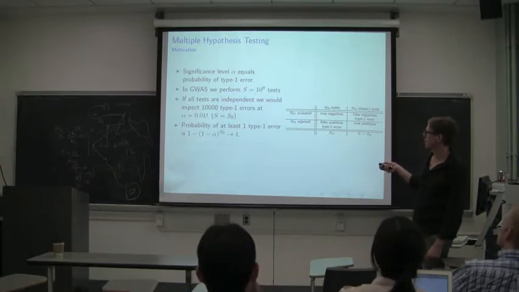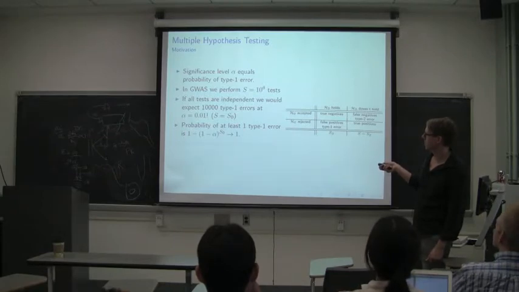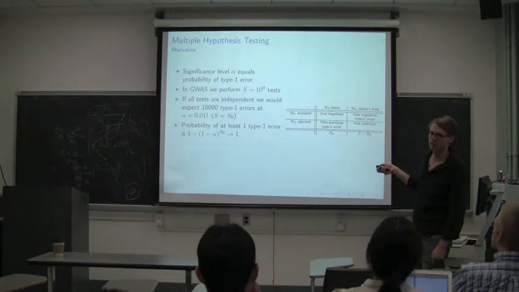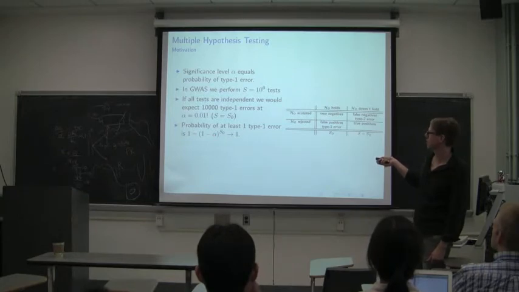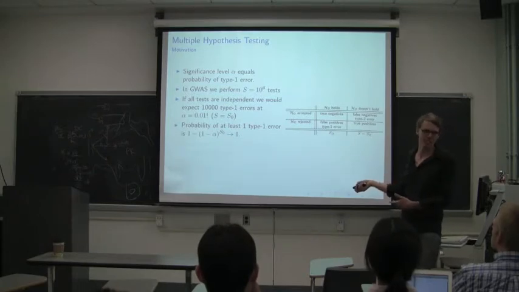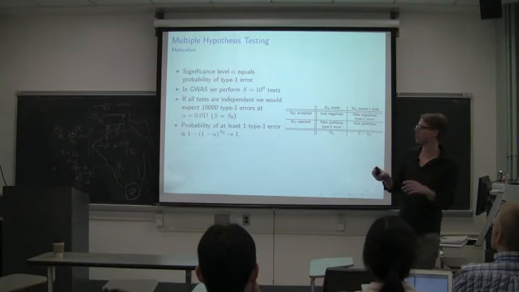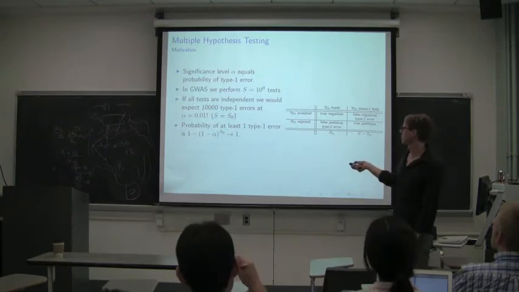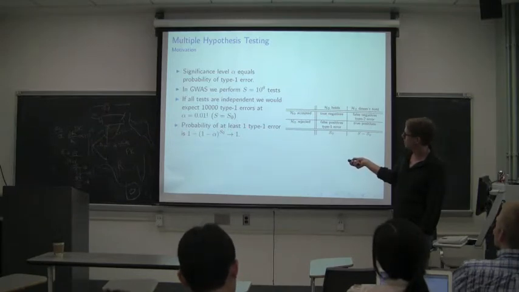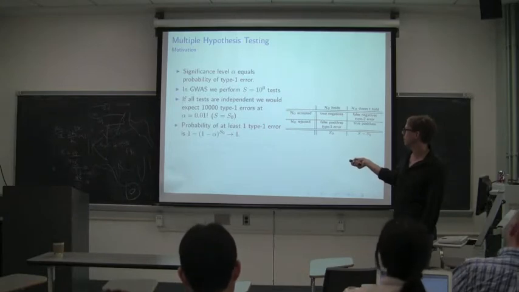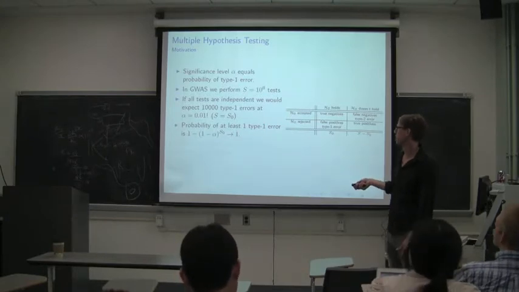So the probability of at least one is 1 minus the probability of making no type 1 error, which is 1 minus (1 minus alpha) to the power of S0, because for every one of these S0 tests we have to make no type 1 error. 1 minus alpha is the probability of no type 1 error, S0 times. This is still a number smaller than 1, but as S0 grows, this part goes to 0, and we get a 1.